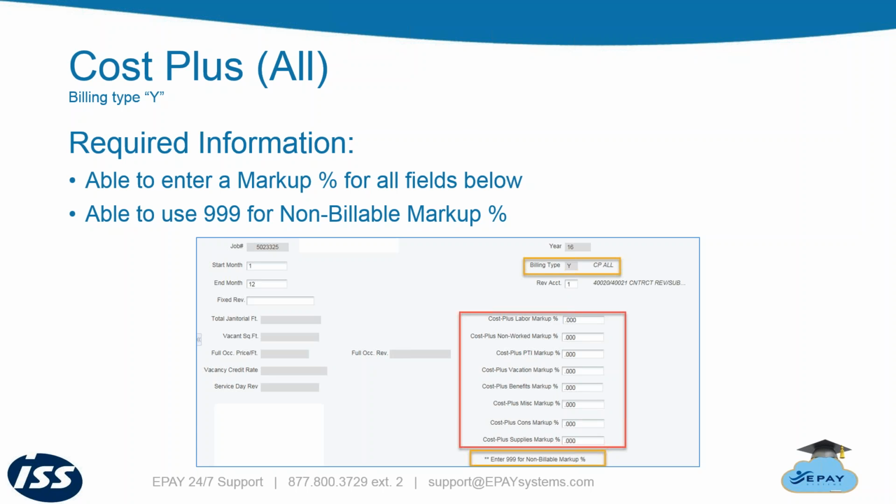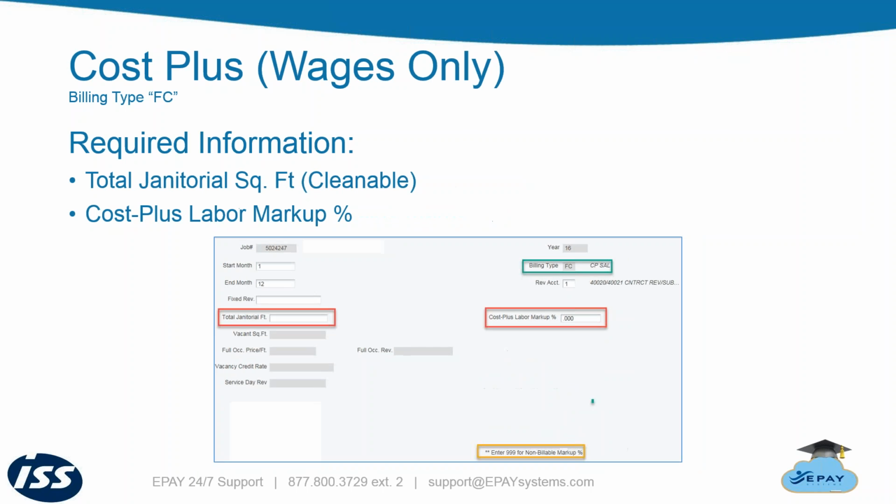You just have to let us know. There's also cost plus wages only, and that's known as billing type FC. The required field here would be the markup percentage for labor, and then, of course, the total janitorial square footage.